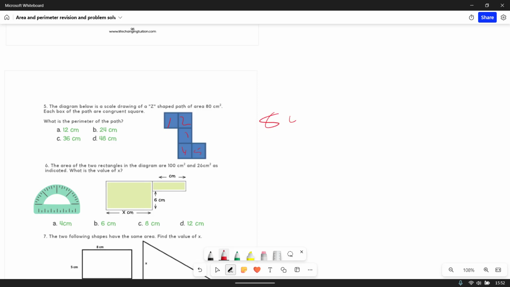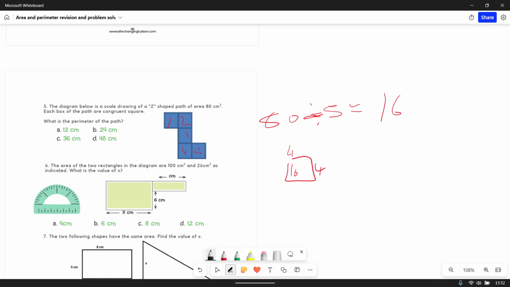So 80 divided by 5 gives you the area of one shape. So 16. So a square is 16. That means each side is 4. Okay, so we'll do that.